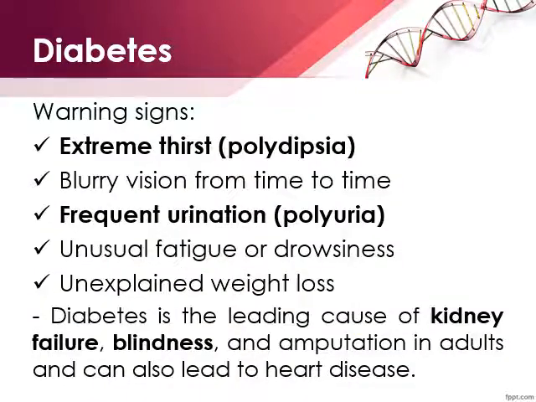So we have the three P's for diabetes: polydipsia, polyuria, and polyphagia. So we have extreme thirst, frequent urination, and frequent eating. Diabetes is the leading cause of kidney failure and blindness, through neuropathy and retinopathy. Amputation in adults can also occur, and it can lead to heart disease.